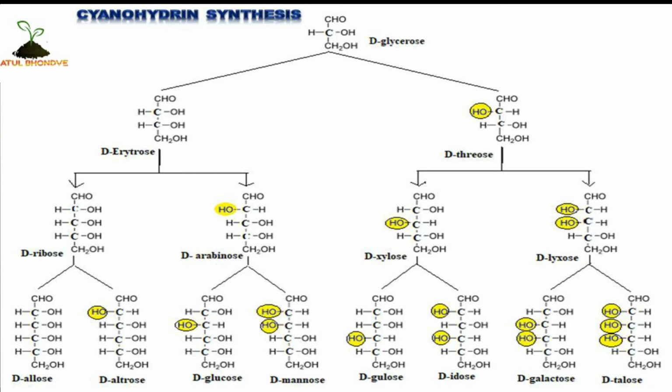These are D-galactose and D-talose. The complete reaction is in front of you. This is called the Kiliani hypothesis of monosaccharide synthesis, or Kiliani hypothesis of carbohydrate synthesis. This is the second part of the Kiliani hypothesis.